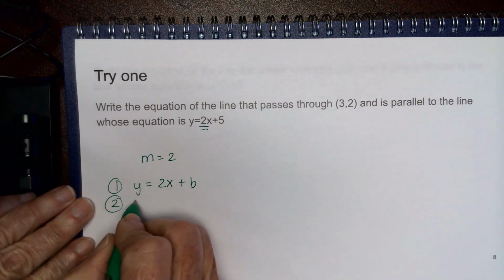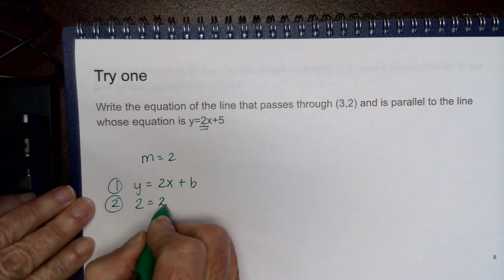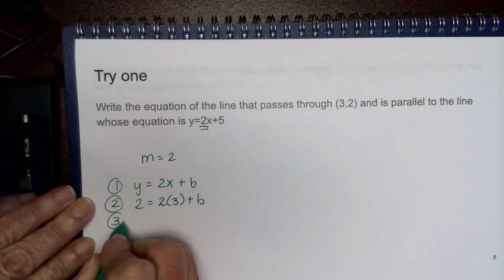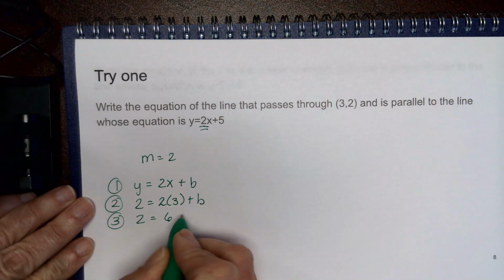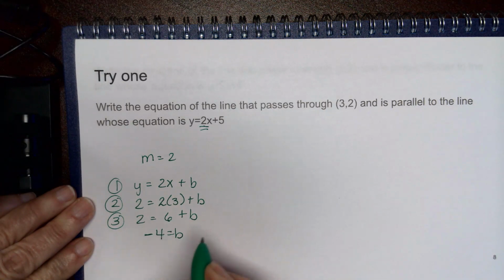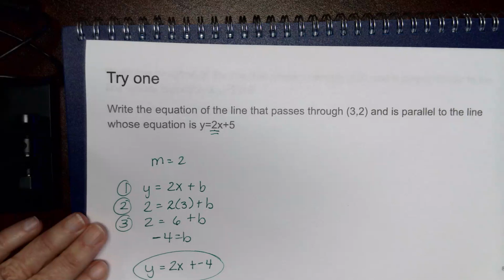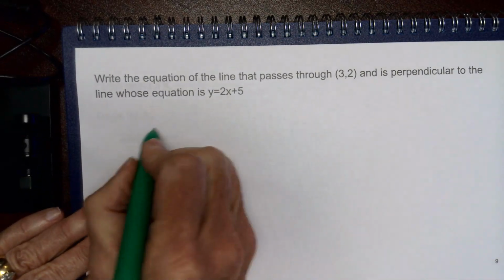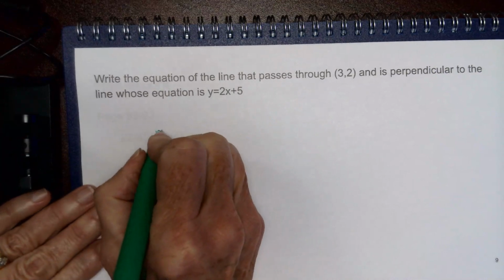I plug in. 2 is equal to 2 times 3 plus b. I'm going to solve for the b. And then I plug them all back in. 2x plus -4.